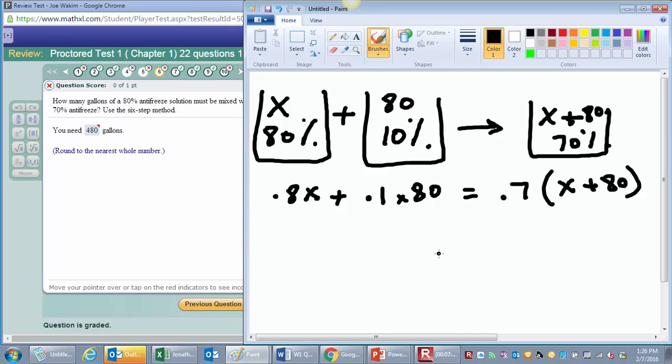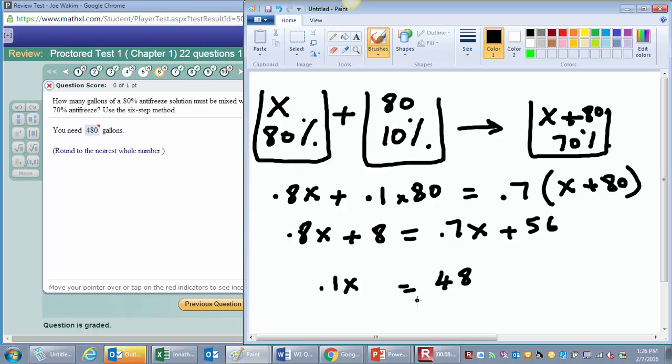And if you solve, you have 0.8x, 0.1 times 80 is 8, 0.7x, and 0.7 times 80 is 56, because 7 times 8 is 56, the 0 and the decimal will cancel. So 0.8 minus 0.7 is 0.1x, 56 minus 8 is 48. And so divide both sides by 0.1, x would be 480. That's the answer, 480.